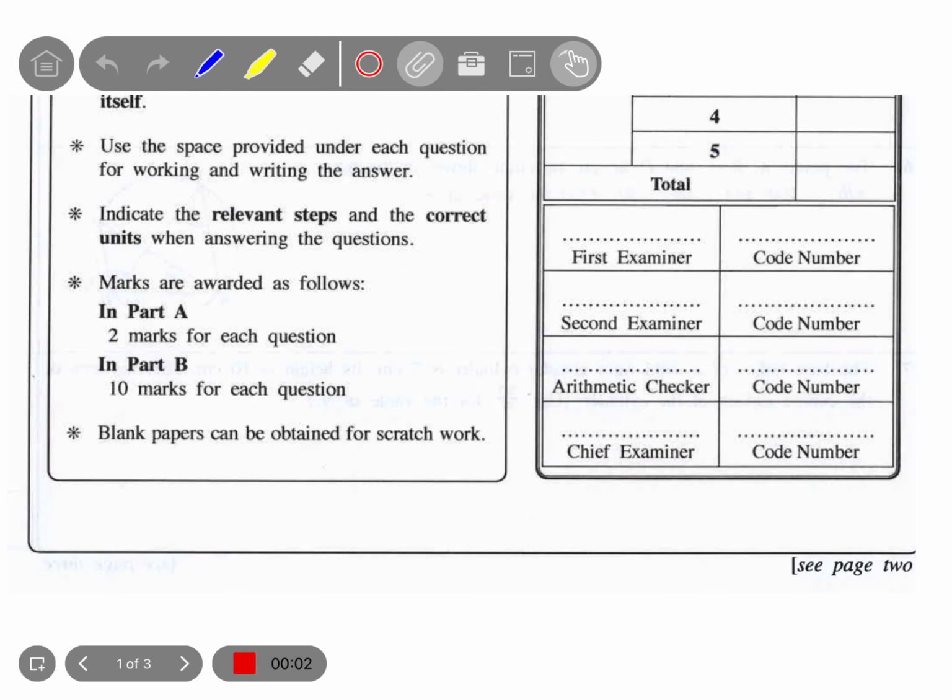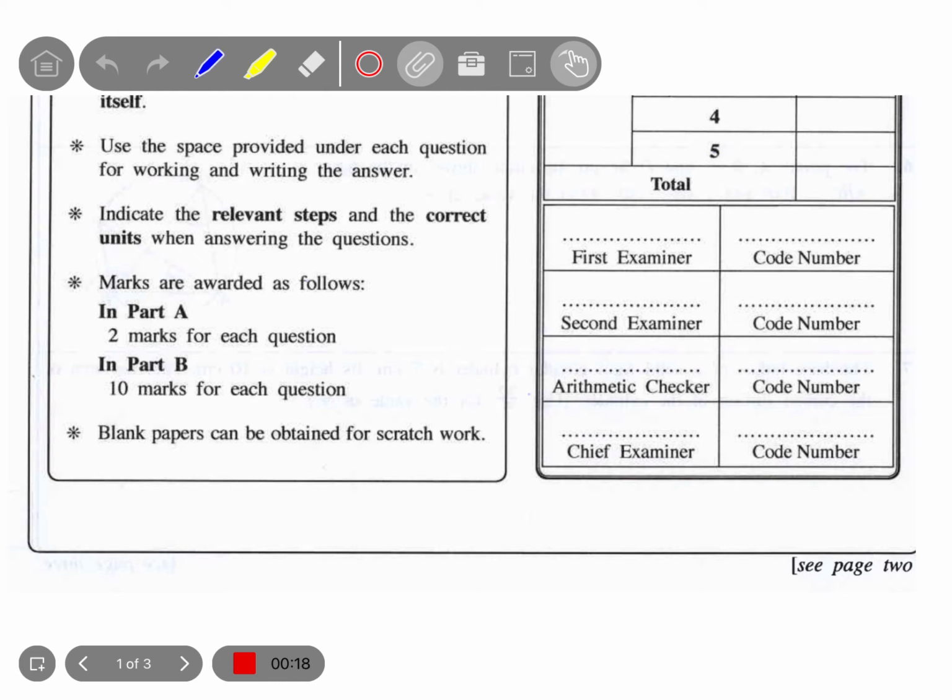So part A carries 50 marks and part B carries 50 marks. Added together, part 1 of the mathematics exam has 100 marks, and part 2 gives another 100 marks.